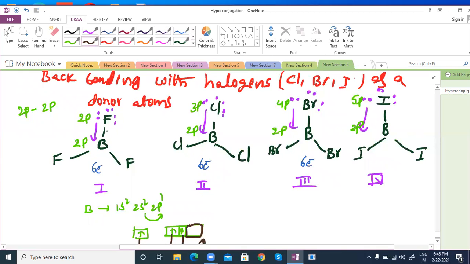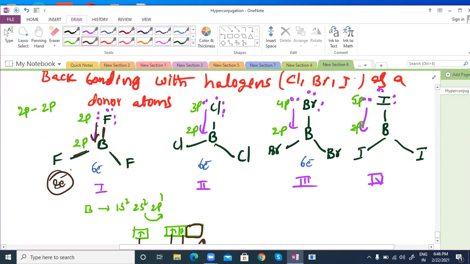With maximum overlapping, you can think that 4 bonds will be there: this is one bond, this is another bond, and these are the remaining 2 bonds. Total 4 bonds, so 8 electrons.